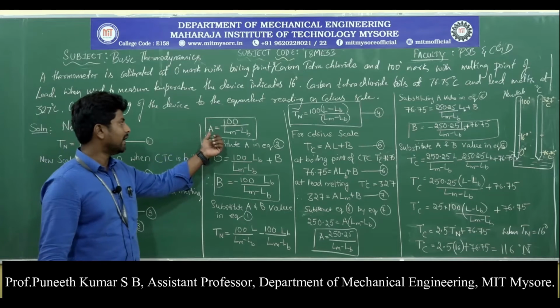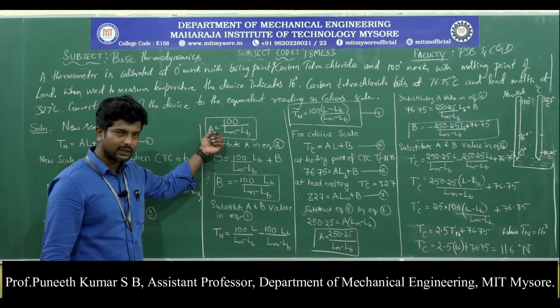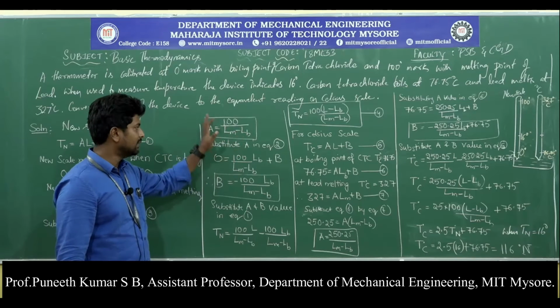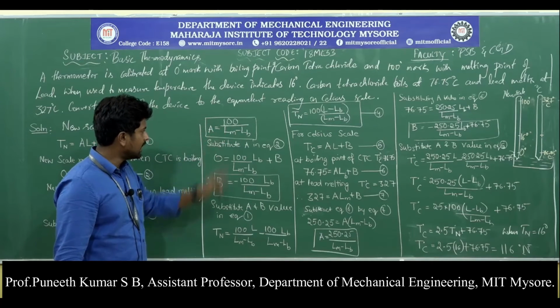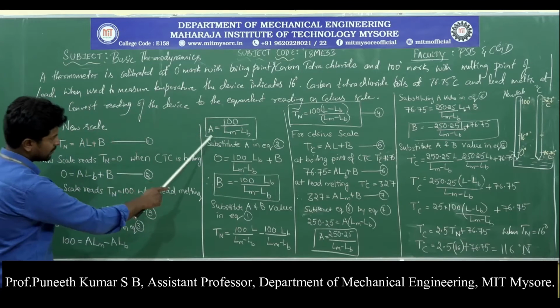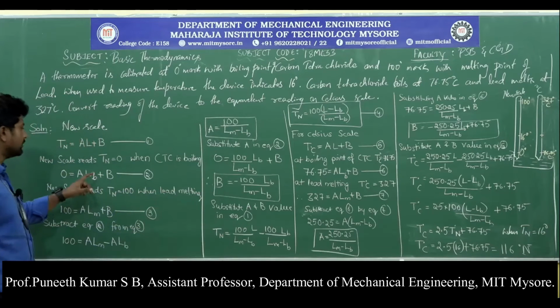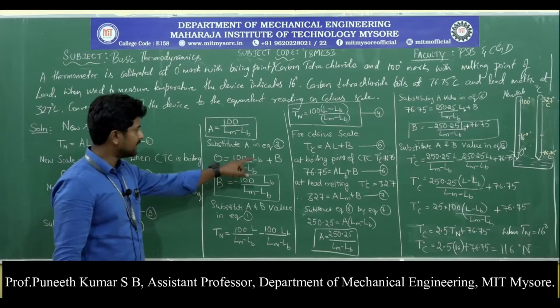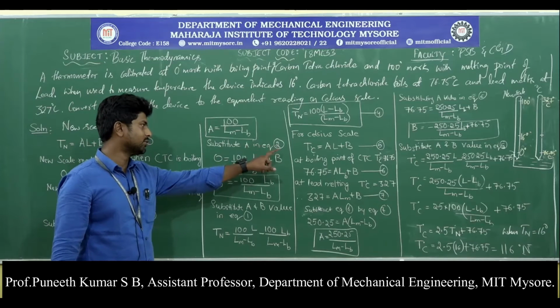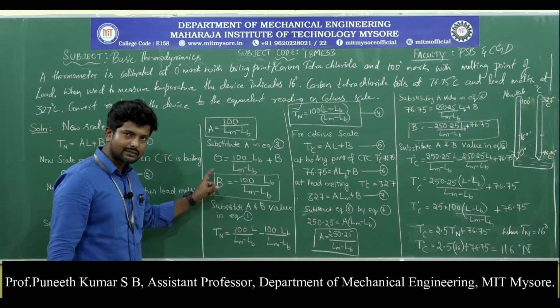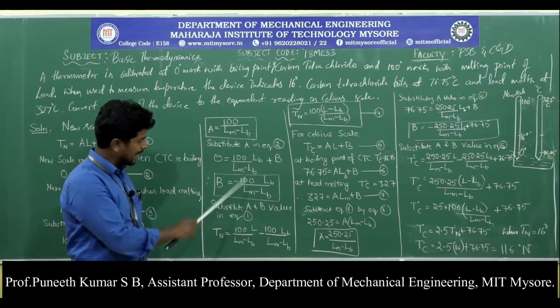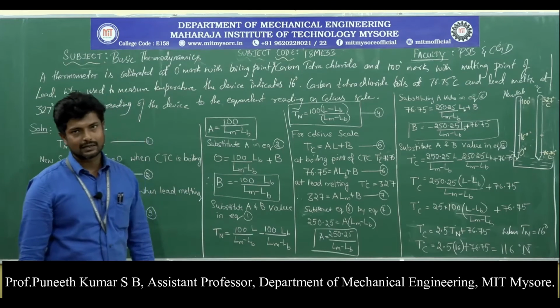Finally, I get the constant A, which is equal to 100 divided by Lm minus Lb. Next, I substitute this constant value A in equation 2 with the intention of getting the value of B. By doing that, I extract the value of B. So both the constants A and B have been extracted.